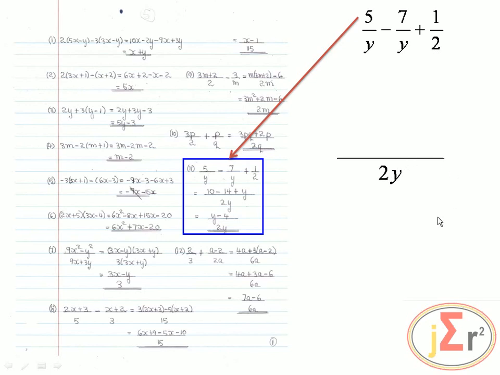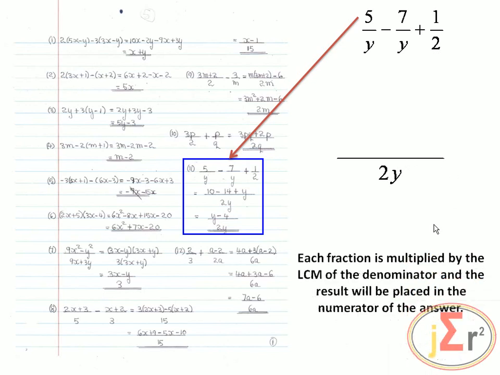But let us take a look at what really happens. Each fraction is multiplied by the LCM of the denominator, and the result will be placed in the numerator of the answer. So that is what we do. We take the 5 over y, and we multiply that by 2y, and the y's will cancel. 10 divided by 1 is 10.